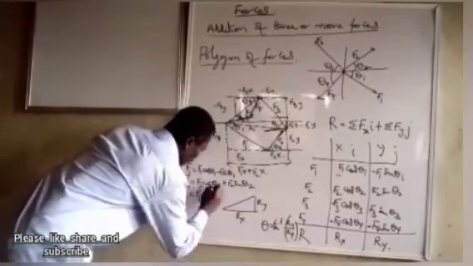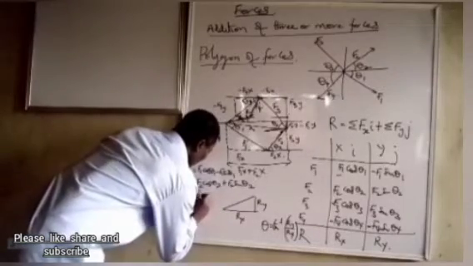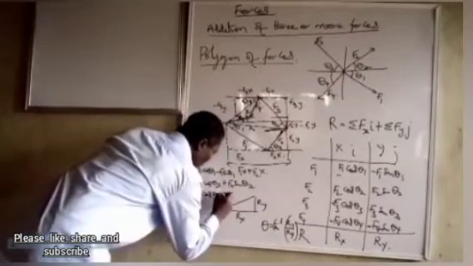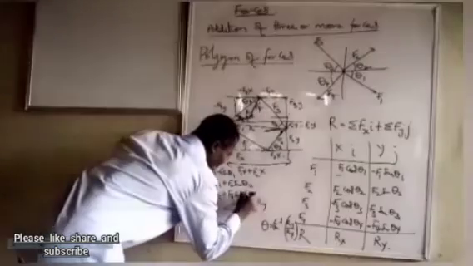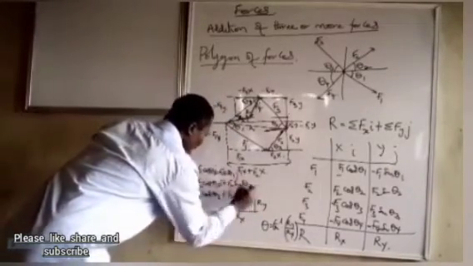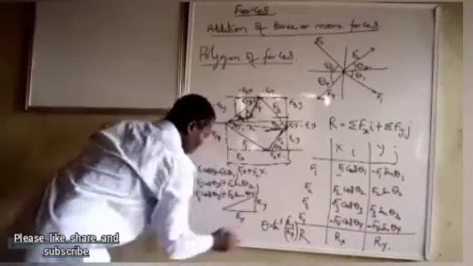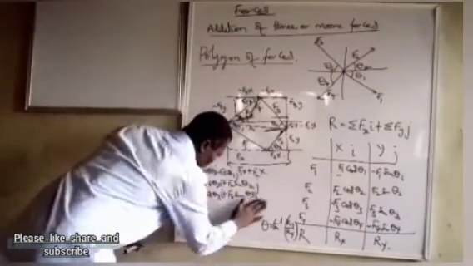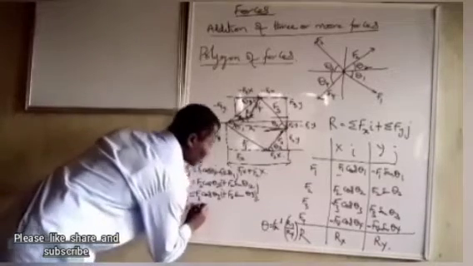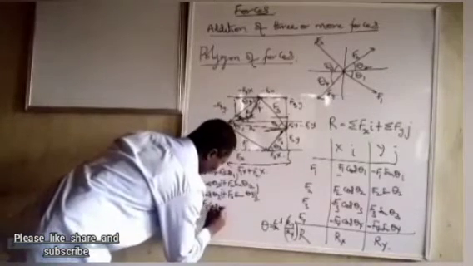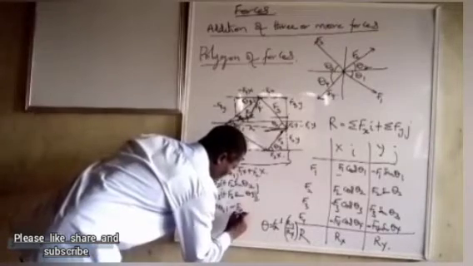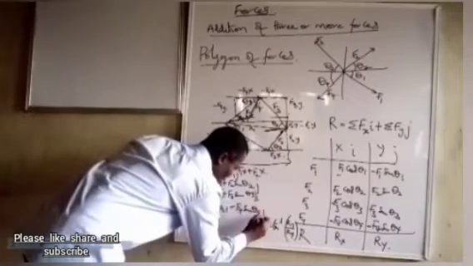F3 minus F3 cos theta 3 plus F3 sin theta 3. So please, this one we have i, this one we have j. i, j, i, j. So F4 too will be equal to minus F4 cos theta 4 i minus F4 sin theta 4 j.